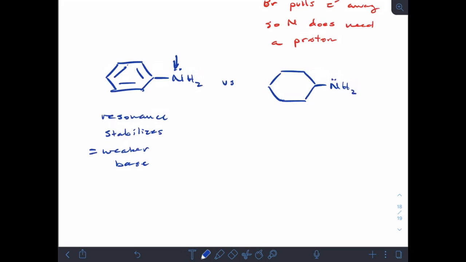So we have a weaker base. It doesn't need the hydrogen as much. Right? Our pKb for this one is 9.1, and the pKb for the second compound is 3.4.